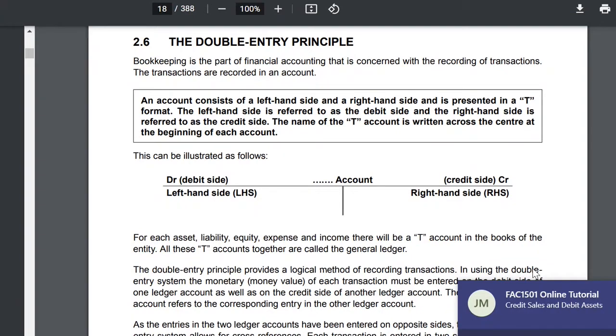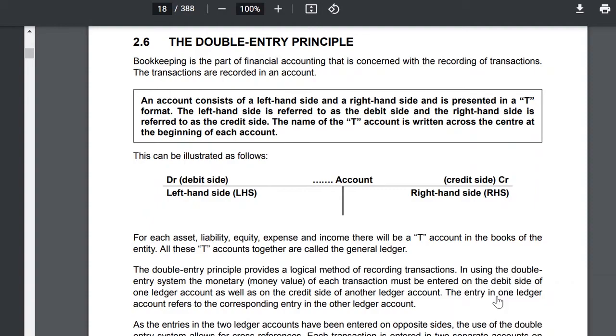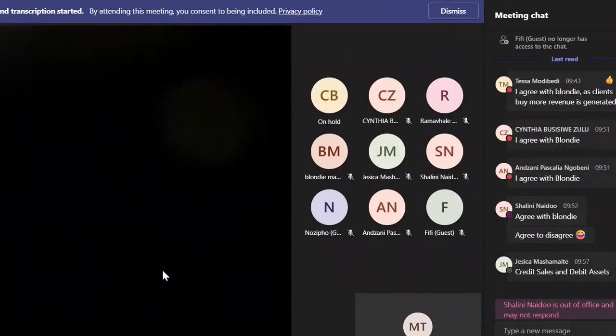Jessica is saying that, for those who are still confused, when an asset increases, you debit the asset in the general ledger. When an income increases, you credit the income in the general ledger. I'm going to just repeat that again.